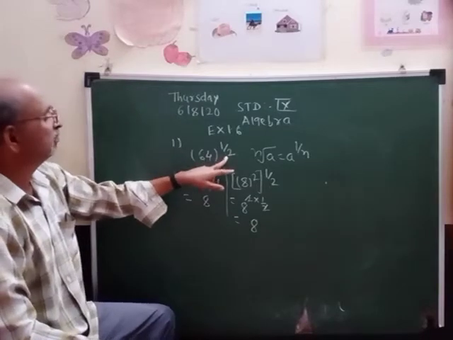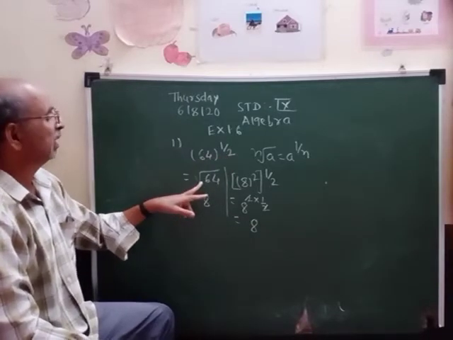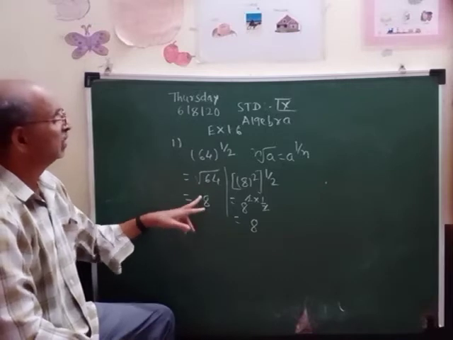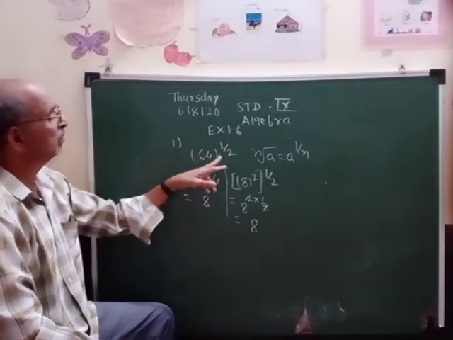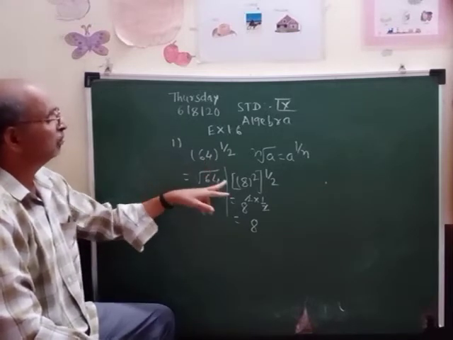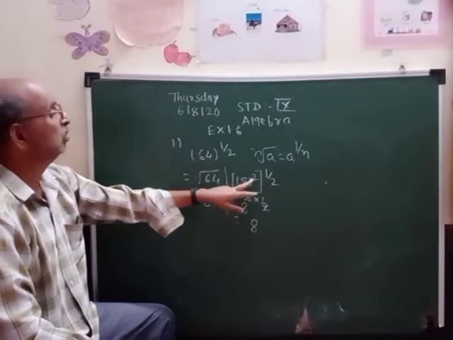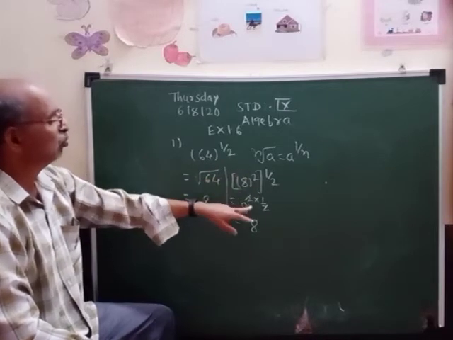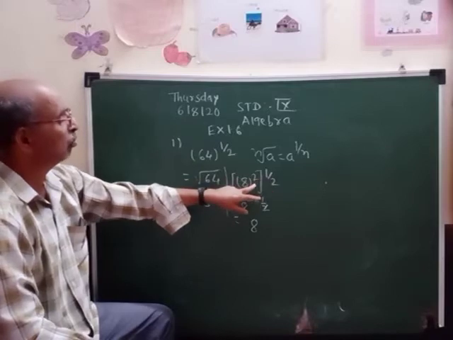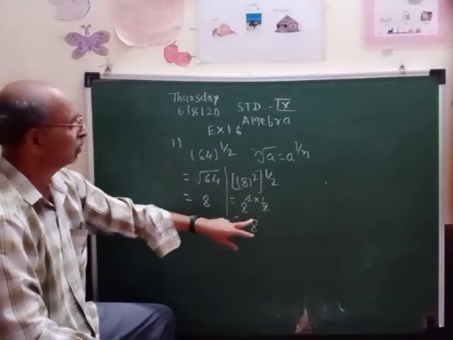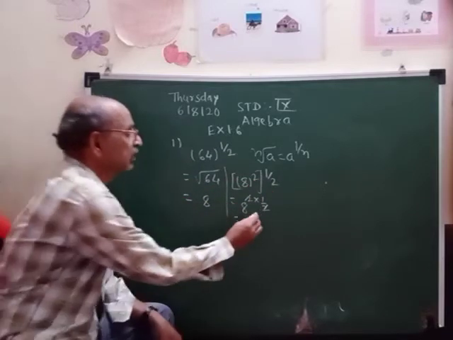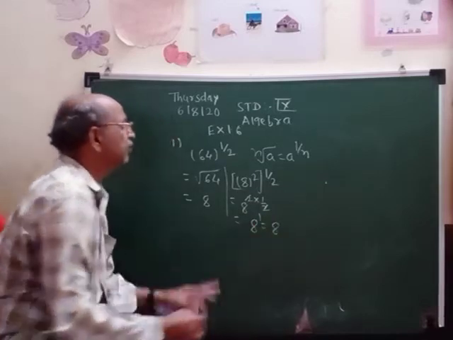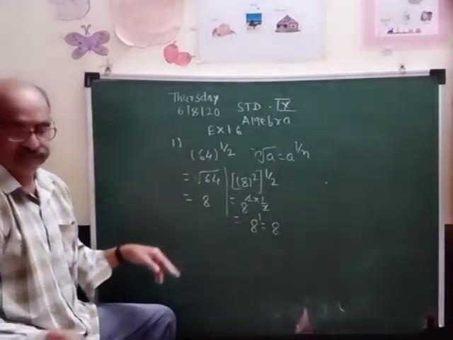Index 1 half means it is the square root, and the square root of 64 is 8. So we are using power of power, 2 into 1 half, the 2 cancels, and 8 raised to 1 is 8. So by both the methods we can solve this example.